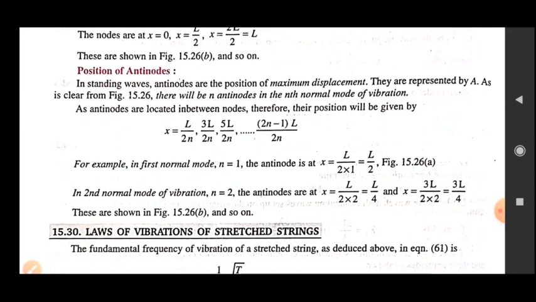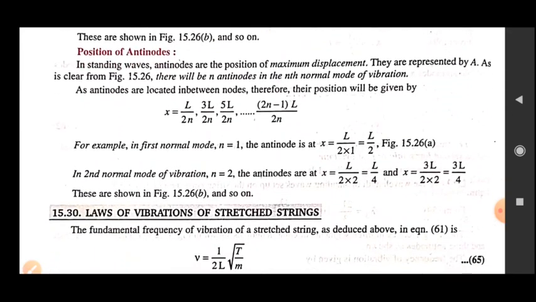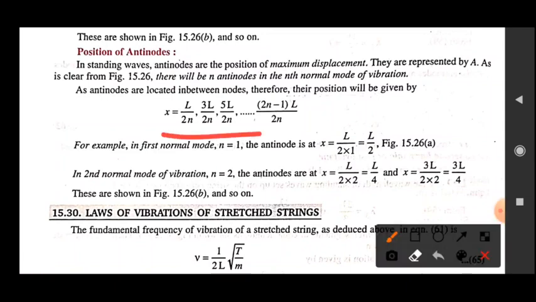Now the position of antinodes. Antinodes are the positions of maximum displacement, so they are represented by A, and we have seen that in every normal mode the number of antinodes is the same as the n value. So it means that in the nth harmonic we have n antinodes, and antinodes are located at the odd positions L upon 2n, 3L by 2n, 5L by 2n and so on.